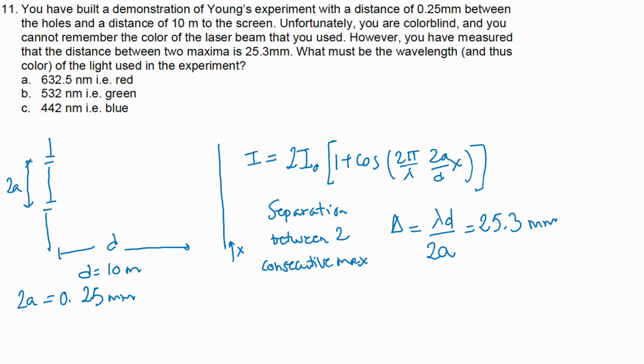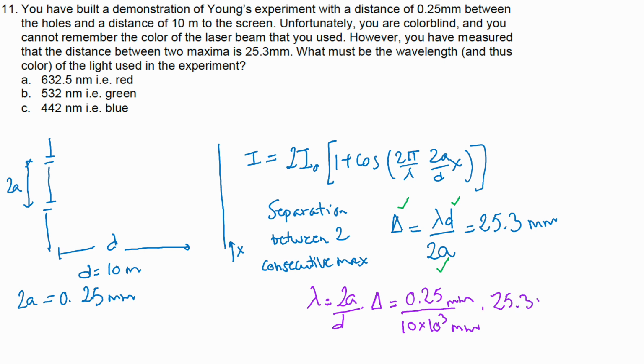Alright, so we know the separation between the maxima and the distance, so we can write the wavelength as 2a over d multiplied by the separation between the 2 maxima. So this is 0.25, and we are putting everything in millimeters, times 25.3 millimeters.